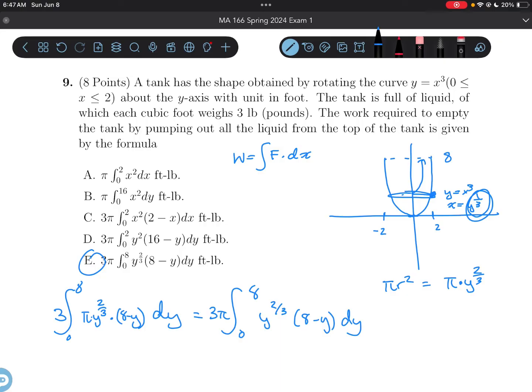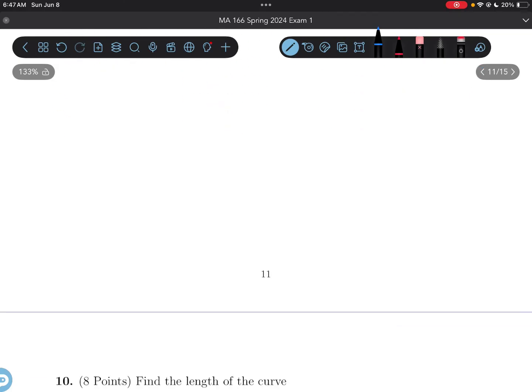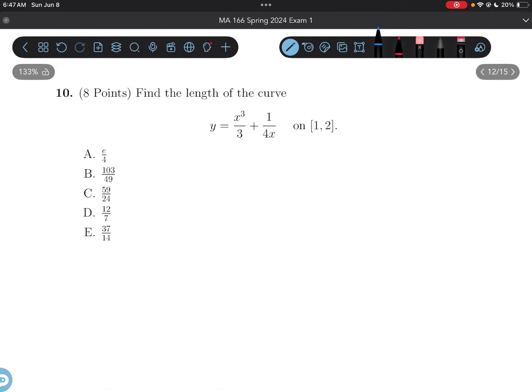All right, moving on to question 10. Question 10 says, find the length of the curve y equals x cubed over 3 plus 1 over 4x from 1 to 2. Okay, so for this question, we're going to need the formula for the length of a two-dimensional curve.